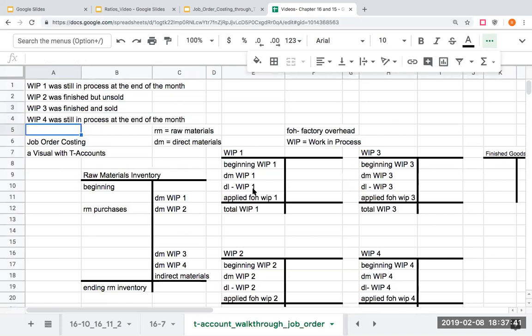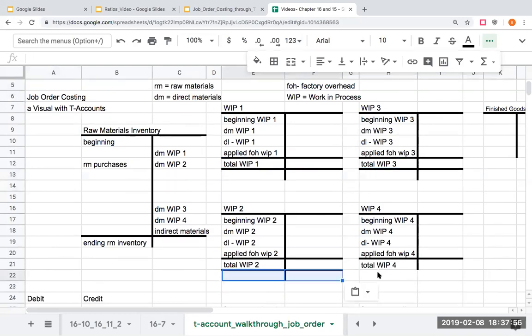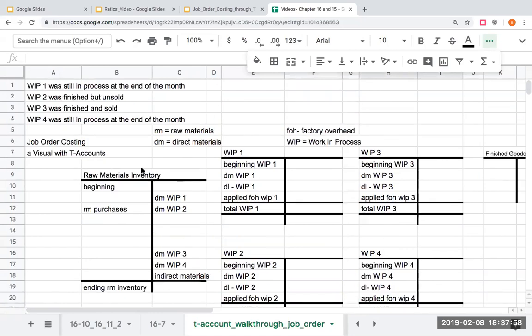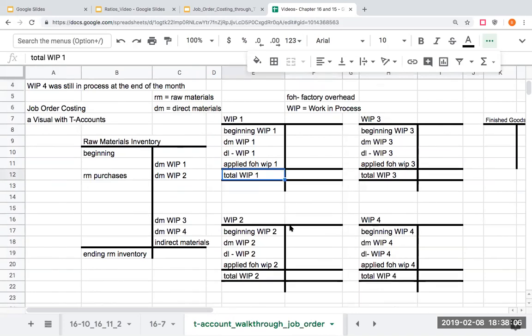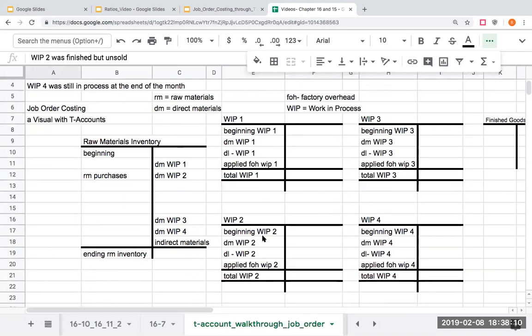So as I look at this right here, what I'm doing at this stage is saying to myself, okay, what exactly is happening with these various balances? Can they still stay in work in process? The answer here is, well, my work in process 1 was still in process at the end of the month, so I can't move this anywhere. Work in process 2 was finished, but it was unsold.